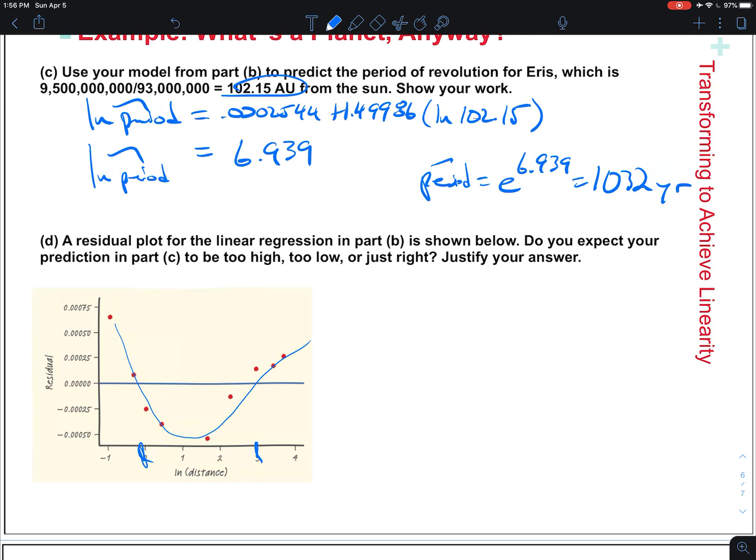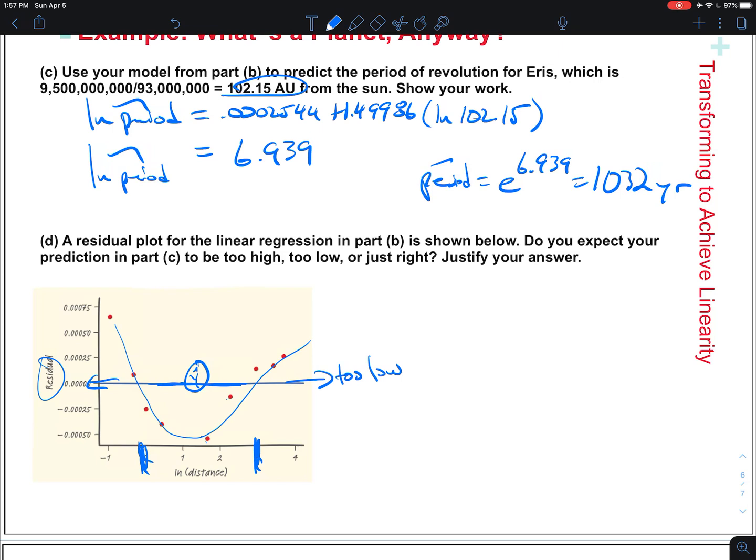And remember, this is the prediction line, y hat. So in this area, where the line is above the points we saw, the prediction is too high between here and here. Out here, where the points fall above the prediction line, the prediction is too low.